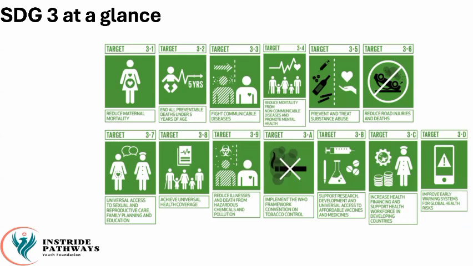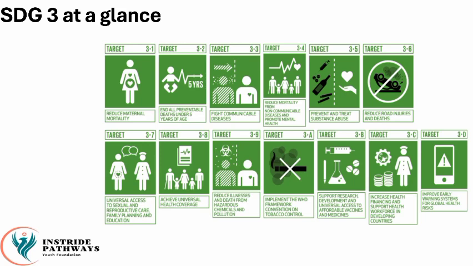So the first target for SDG 3 is that we want to reduce maternal mortality. And maternal mortality basically talks about mothers dying at the point of giving birth. And this is one of the commonest causes of death in Nigeria, basically because we don't have a good healthcare sector. And so you have women who are pregnant and don't even have access to healthcare.